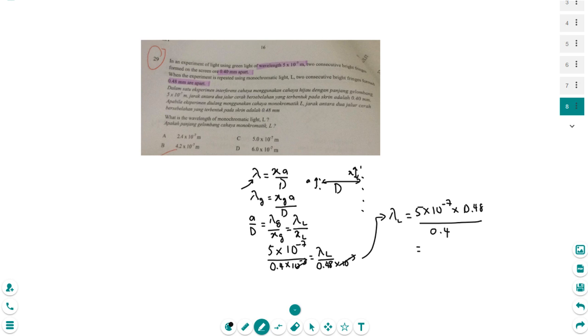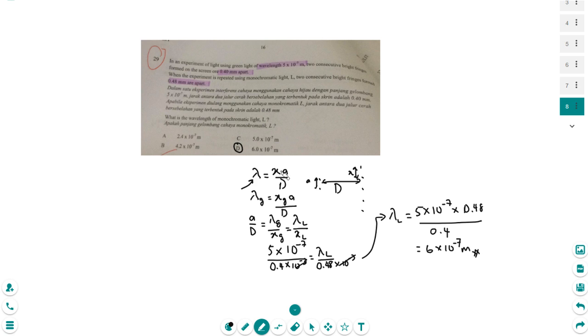Okay, so you get the answer: 6 times 10 to the power of -7 meter, which is D.